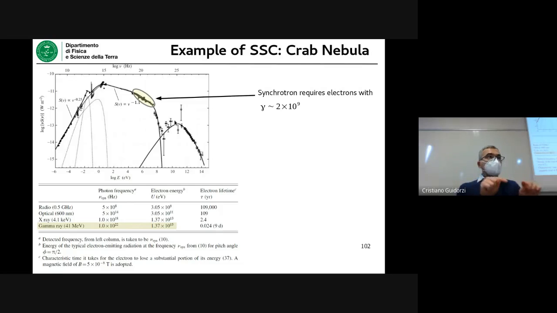So the same electrons which are responsible for synchrotron emission at many different energies are also responsible for upscattering low energy photons up to very high energy photons. Synchrotron self-Compton. We will see the detail of this.